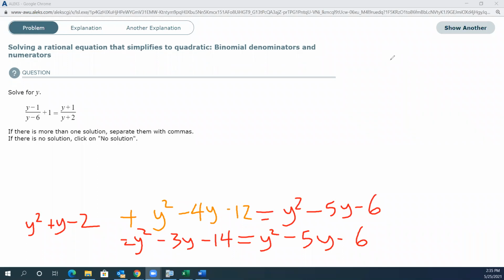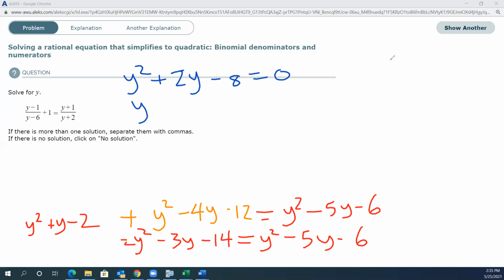Now we're going to get all of this stuff onto the other side. We just need to get everything on one side. So I will subtract away the y squared from both sides, and I get y squared on the left. I'll add 5y to both sides, so that I end up with a plus 2y on the left. And then I'll add 6 to both sides, so I end up with a minus 8 on the left. Now I could do quadratic formula or factor it.